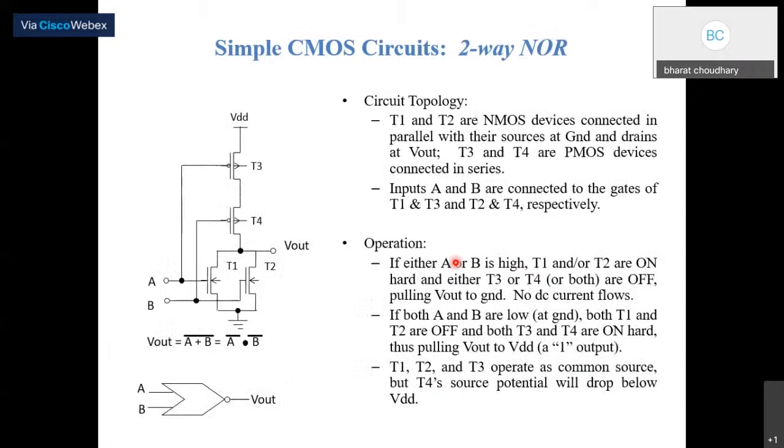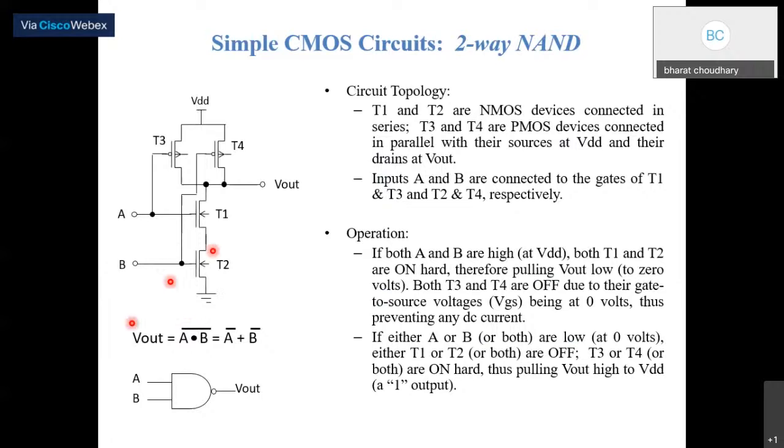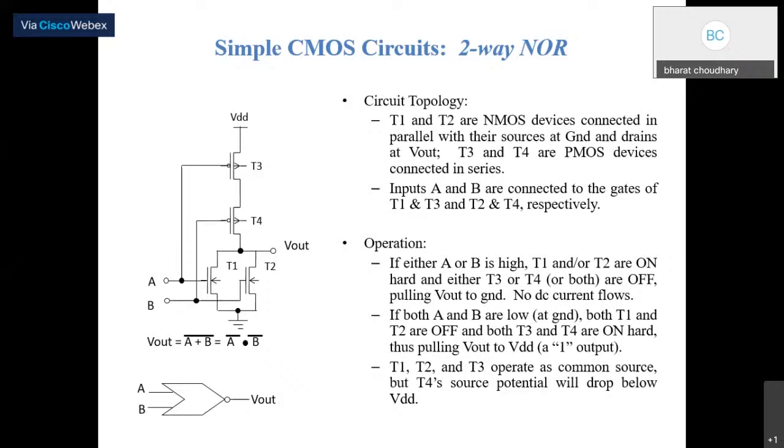Now similarly, this is the two-way NOR. This is the opposite of NAND, meaning in the pull down network there is a parallel combination of transistors T1 and T2, whereas in the NAND gate the series combination of T1 and T2 was used. The working principle is the same. This is the symbolic representation of a NOR gate.